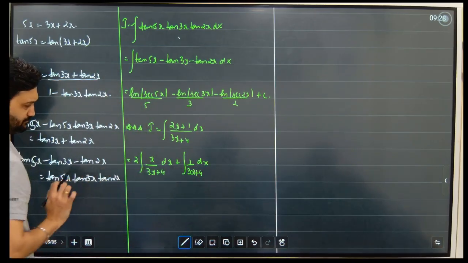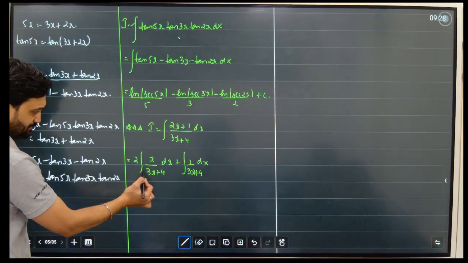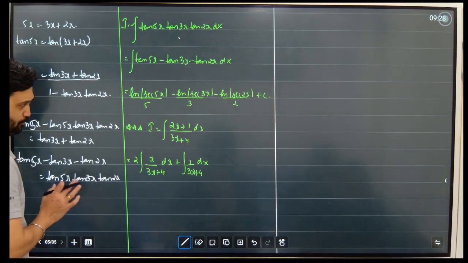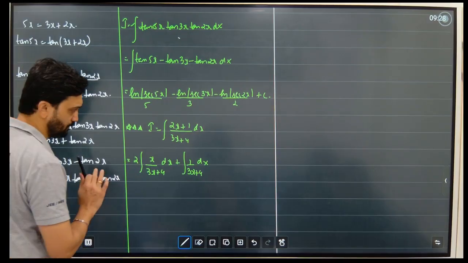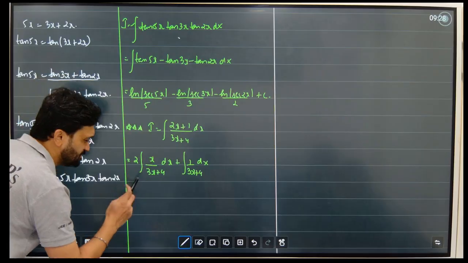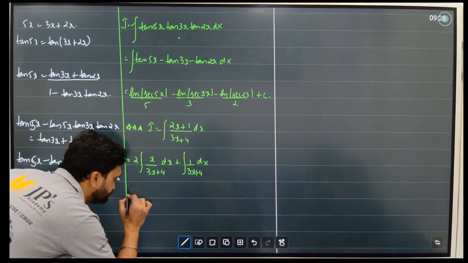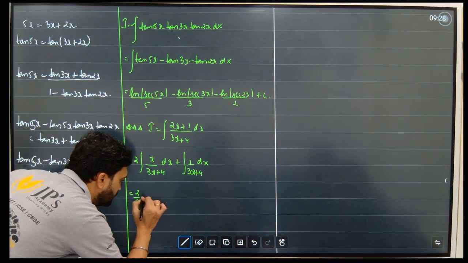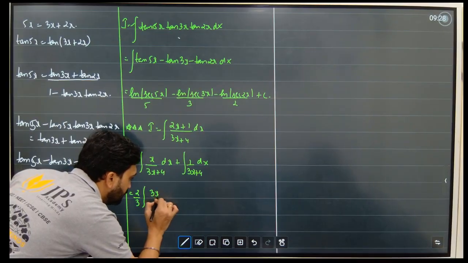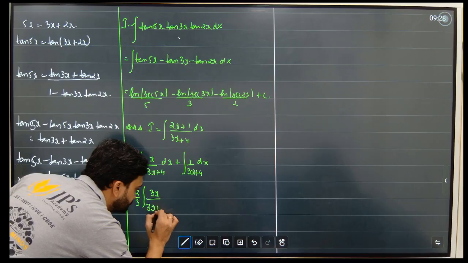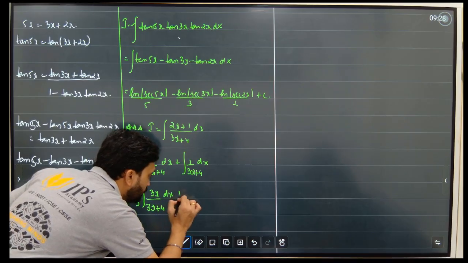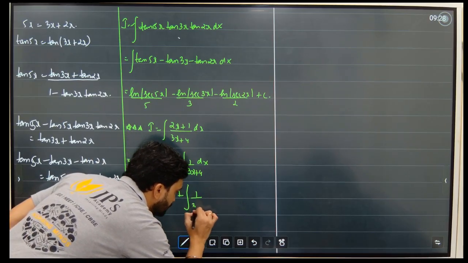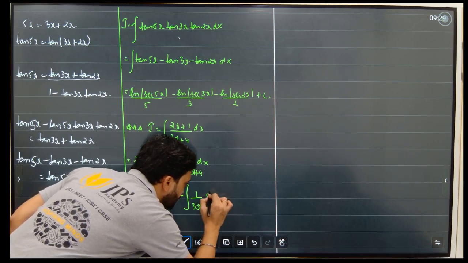This one is directly a log. But look at this term. Now what am I supposed to do here? It's a very simple scenario. First I'll multiply and divide by 3. 2 by 3 integration 3x upon 3x plus 4 dx plus integration 1 upon 3x plus 4 dx.